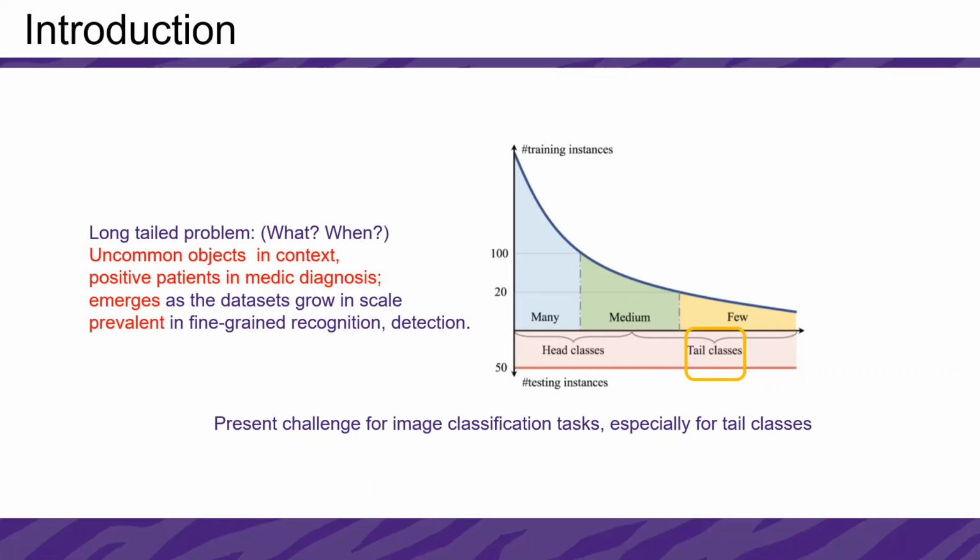You can see from this curve that the number of samples in the head classes is very large, and the number in the tail classes is very few. So these recognition techniques present a challenge for the classification task, especially for the tail classes, because of the lack of examples and data.